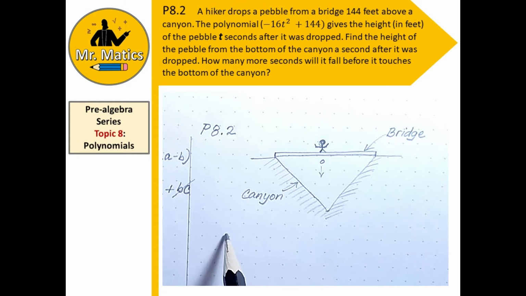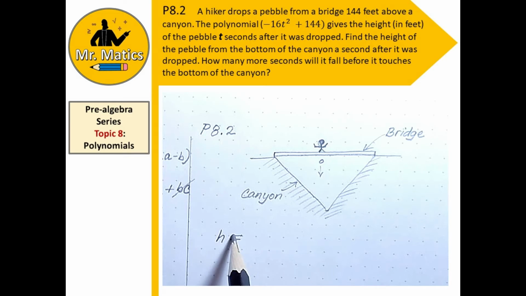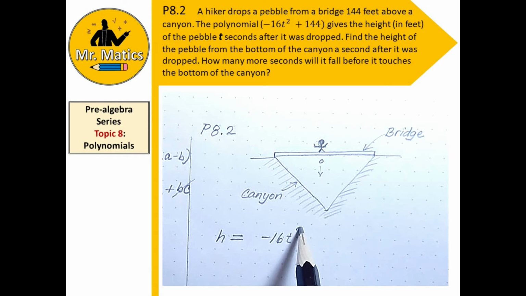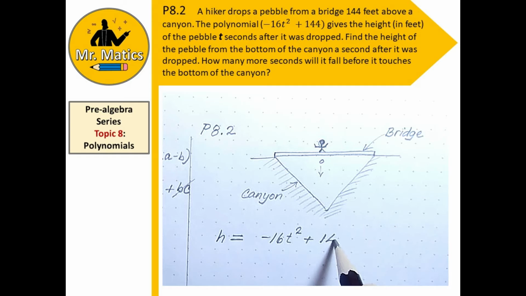And the height of the pebble from the ground, let's call it h, is given by a polynomial expression, minus 16t squared plus 144.